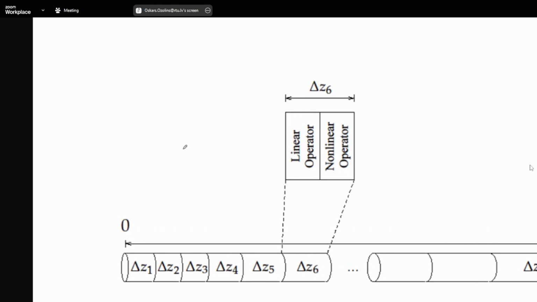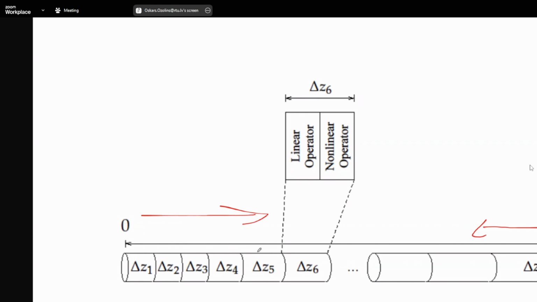Then you solve each of these steps, the linear part and the nonlinear part for each section. Basically, in one direction you solve this equation and model the link. In the receiver, you can also go backwards, so you can back calculate all the impacts and get back to the signal you transmitted.